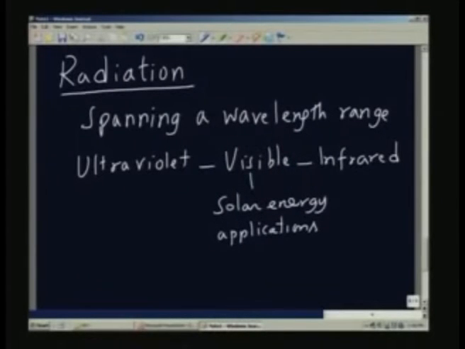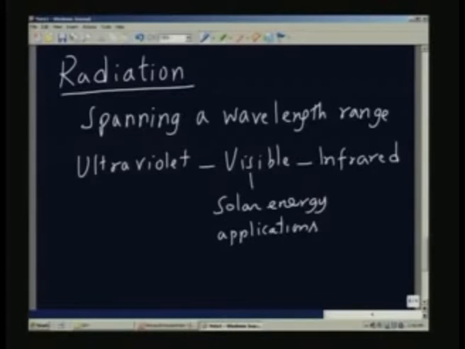Also in space applications like satellite thermal control, the properties of surfaces which are exposed to solar energy play a very important role. Therefore, we would like to look at the surface properties which are subject to radiation from the sun falling on them.